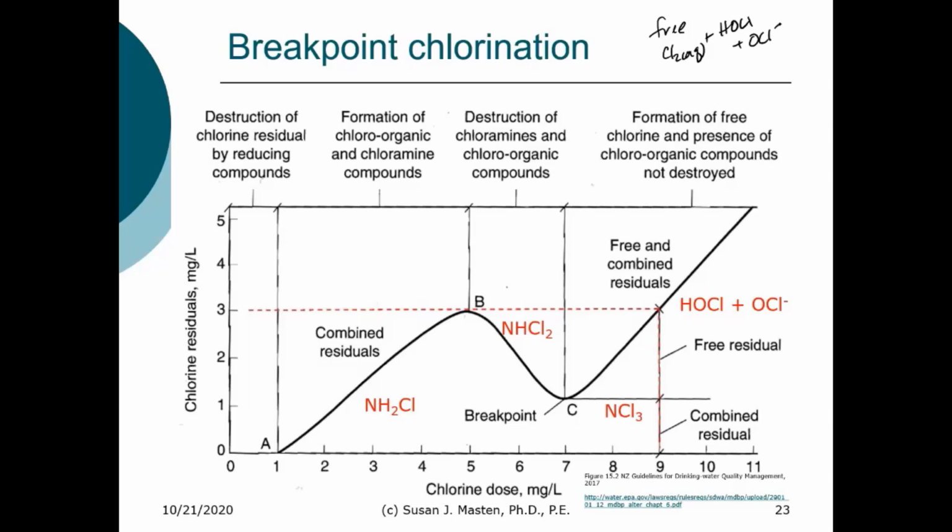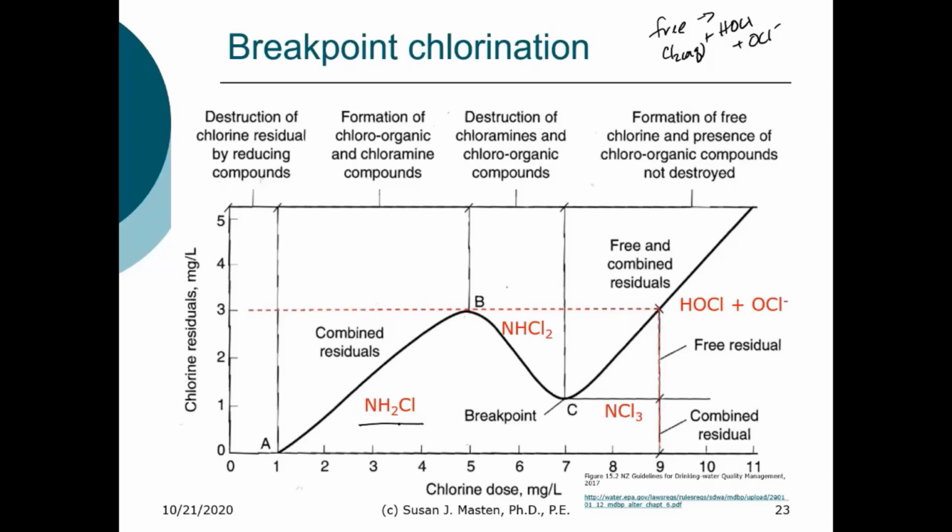So when we talk about a free chlorine residual, that's what we're talking about. When we talk about combined chlorine residual, we're now talking about the chloramines. Of the 3 chloramines, monochloramine is the most effective disinfectant.